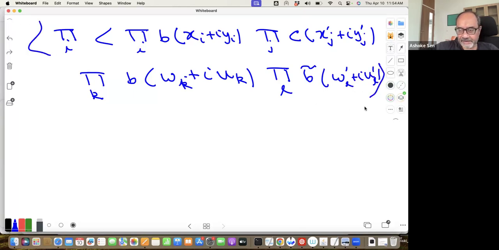Okay. Imagine that you have this on the sphere, on the plane. This correlation function you are calculating on the plane.